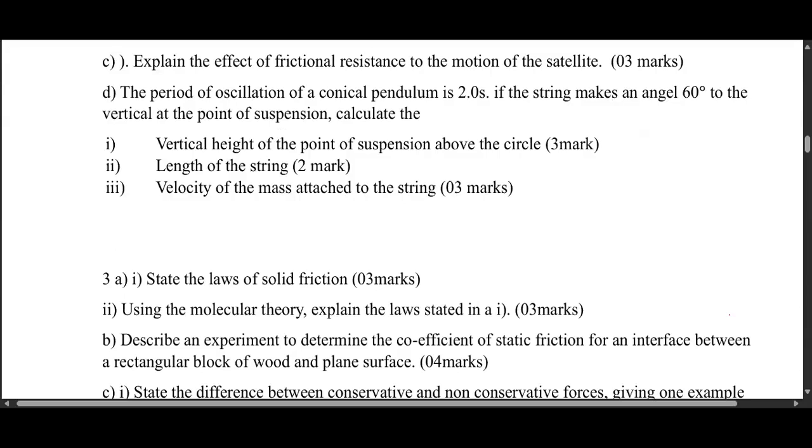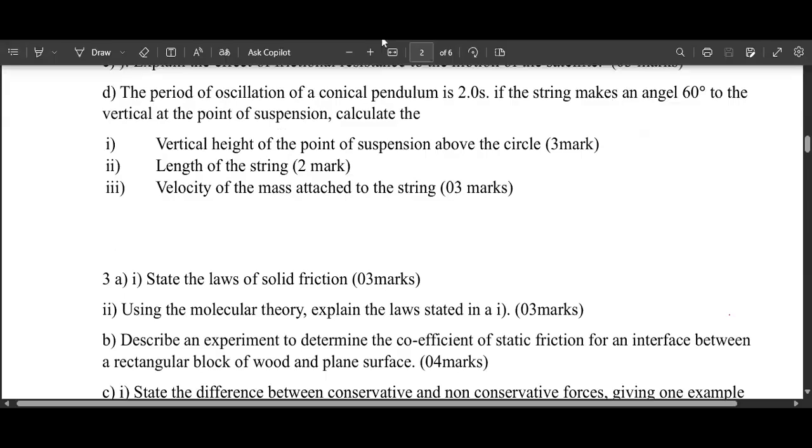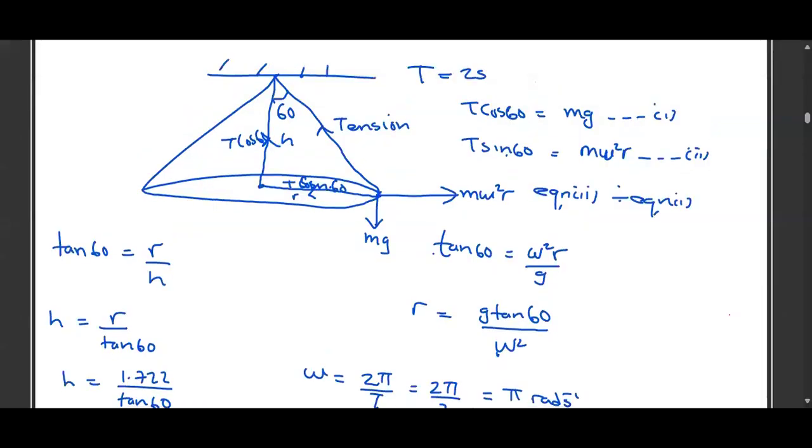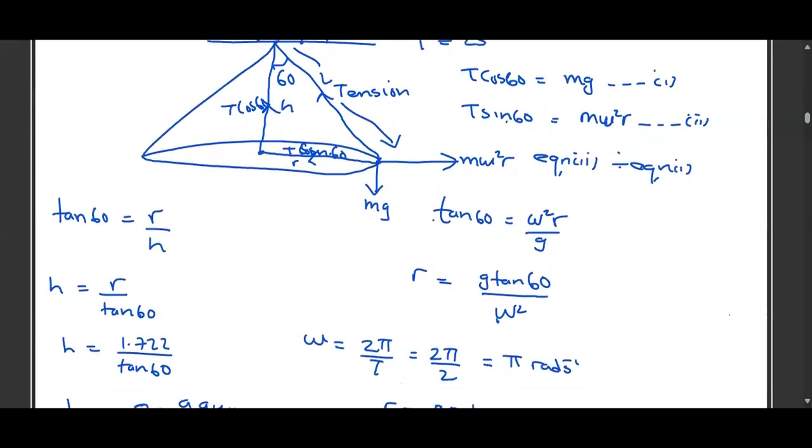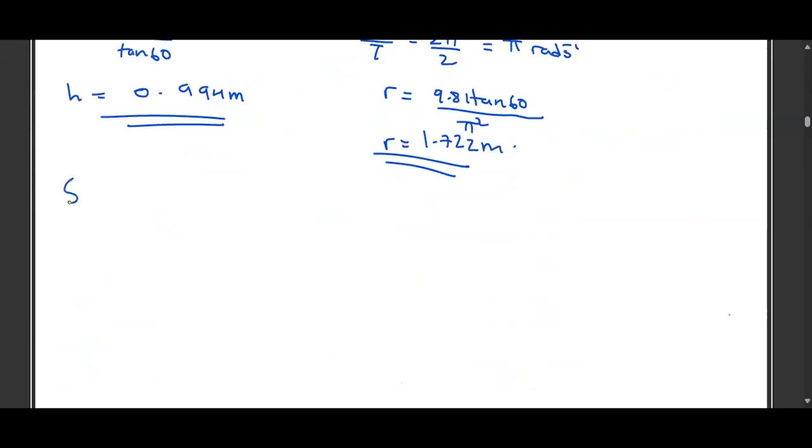Length of the string we can find just by simply using the trigonometric ratios. They want us to find the length of the string here. I can use sine, whereby sine 60 is going to equal opposite, which is r, divided by l. So my l is going to equal r divided by sine of 60.